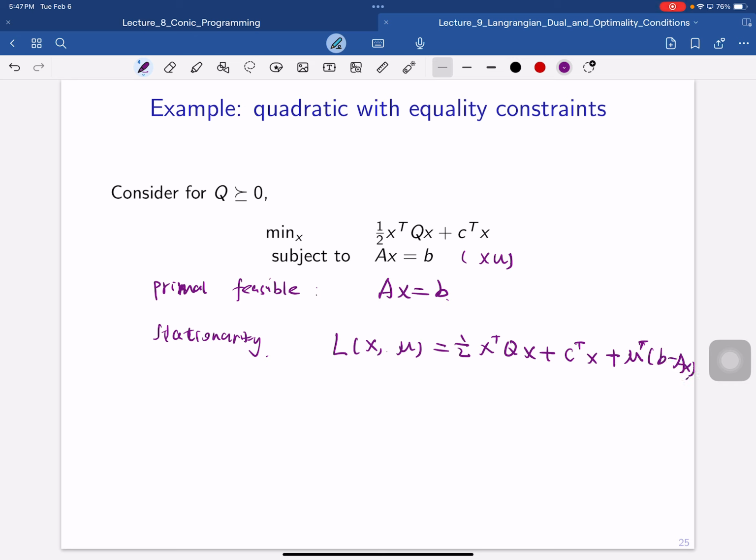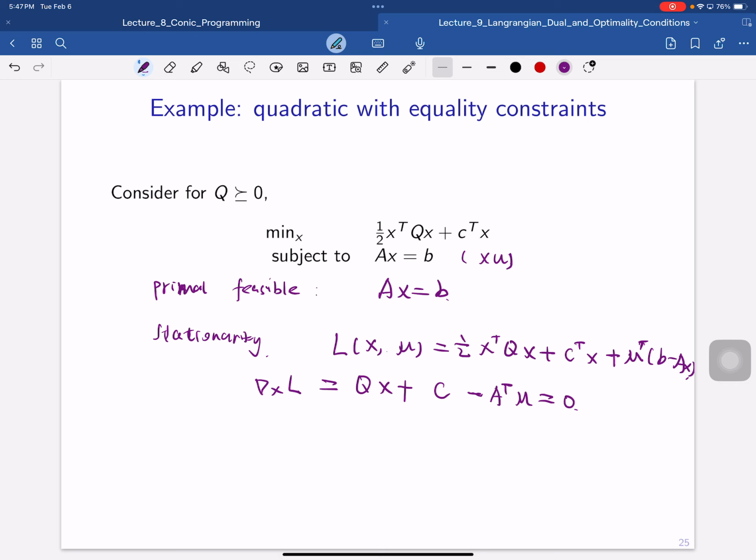And then you take the gradient of the Lagrangian. This will be Qx plus c minus A transpose u equals 0, right?